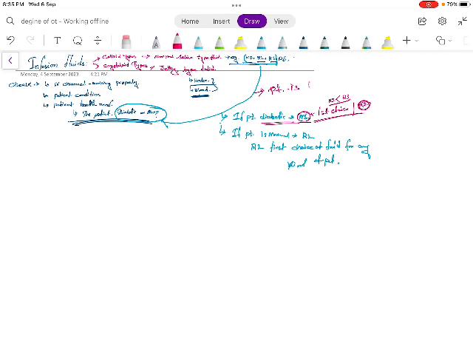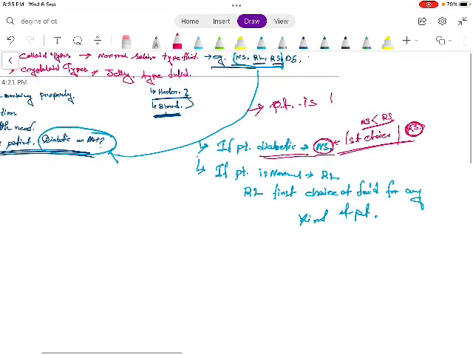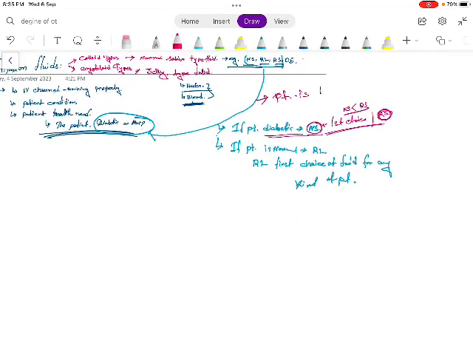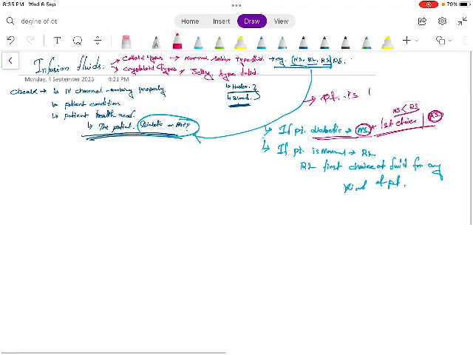So we would like to learn a couple of things further, right? So this is the normal colloid type of fluid, and we have to know this portion, right?